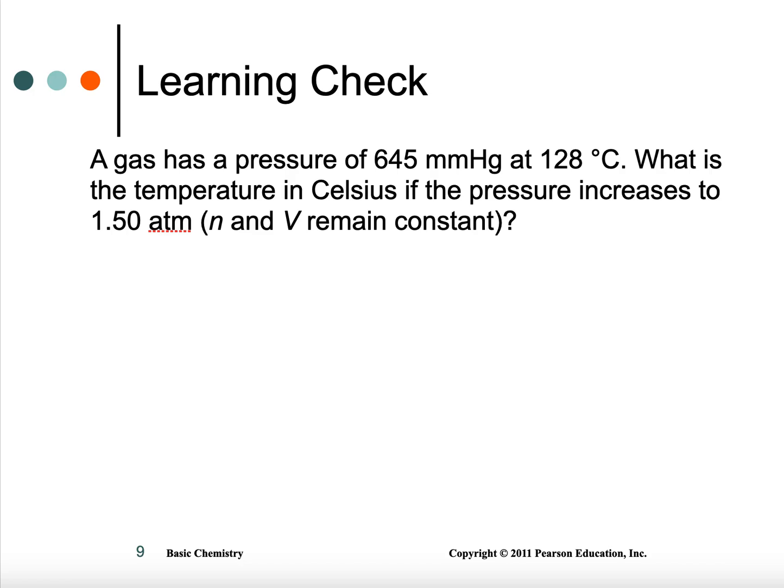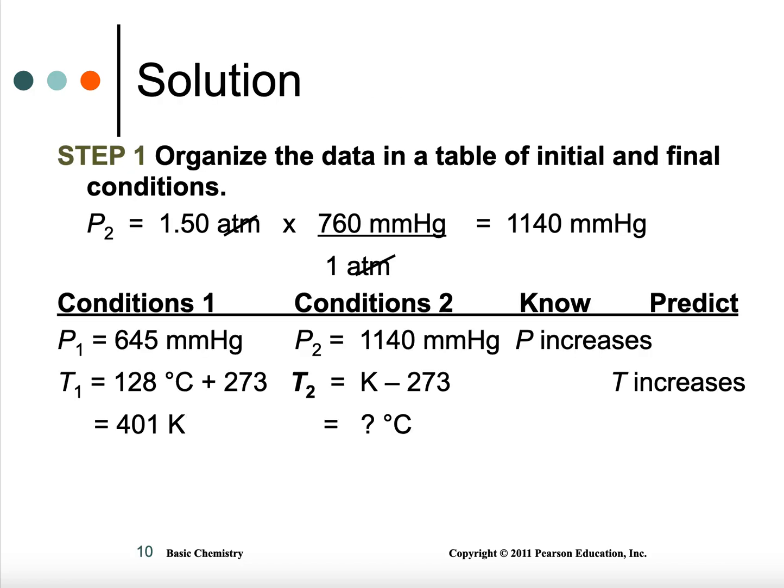So you're going to have to change those first and then put them together and multiply them out. When you do this, you end up with 1140 millimeters of mercury.